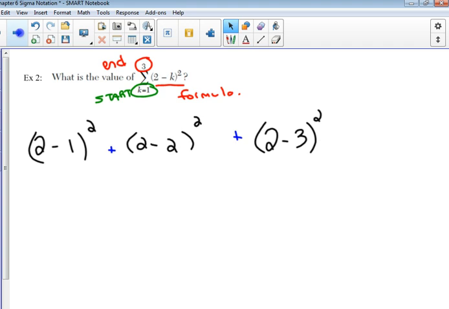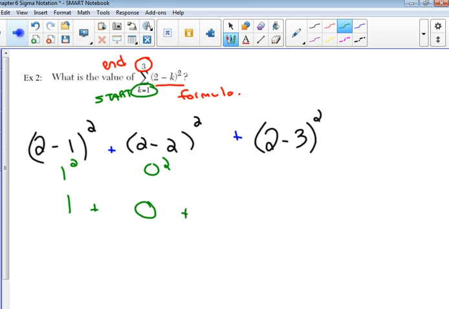Make sure we do PEMDAS. Should we do parentheses first or exponent? Parentheses, good. So actually simplify this out. 2 minus 1 is going to be 1. Squared is still 1. What's going to happen with this next one? 0 squared, yep. And what's 0 squared? 0.